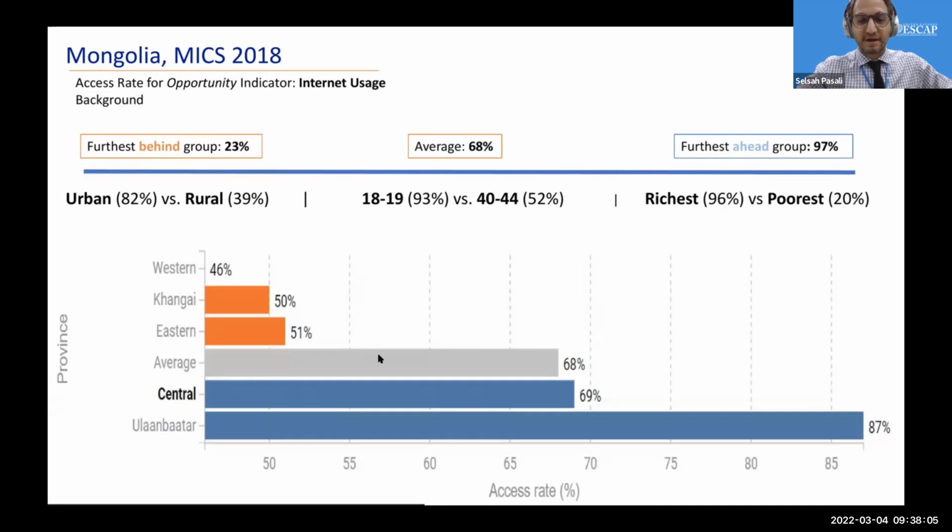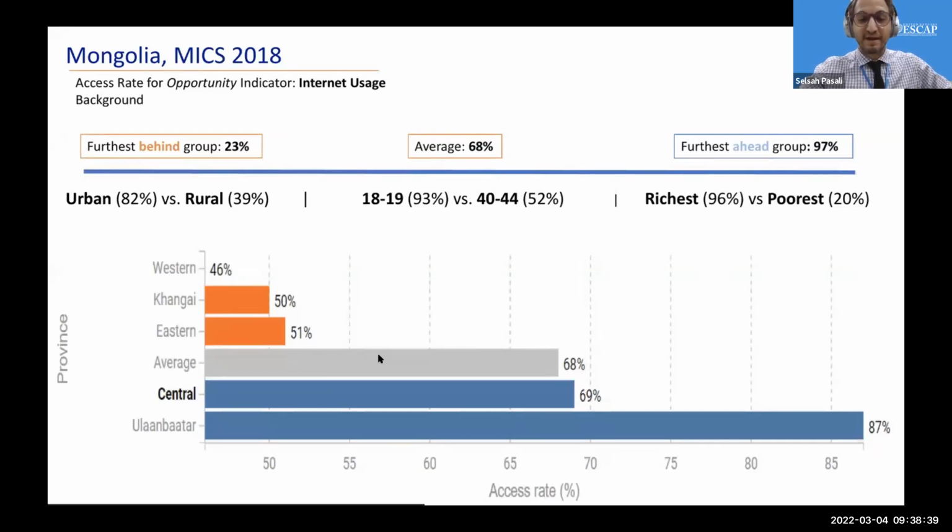So for instance, while 87% of people in Ulaanbaatar, at the very bottom of the bar chart, have used the internet, only 46% of women and men aged 15 to 49 in the Western region used the internet in the past 3 months. The LNOB tree yesterday also showed us that the furthest behind group consisted of individuals who were 35 and above and who lived in poorer households.